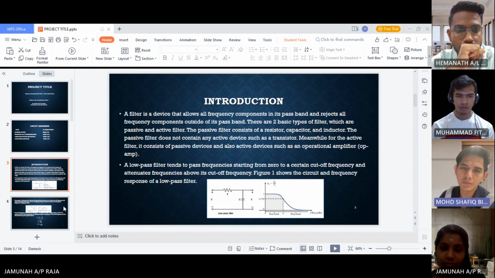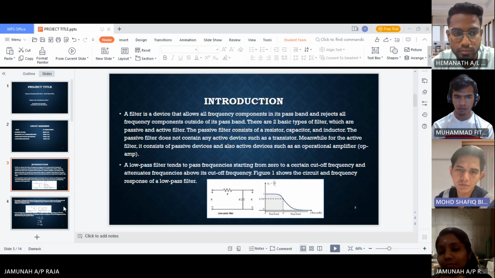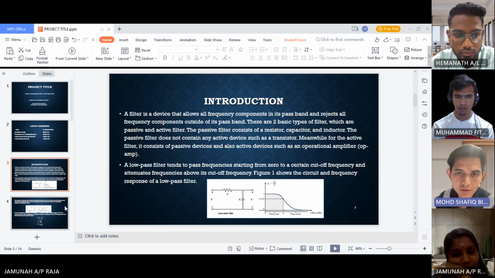A passive filter consists of resistor, capacitor, and inductor. But the active filter consists of passive devices and also an active device such as an operational amplifier.